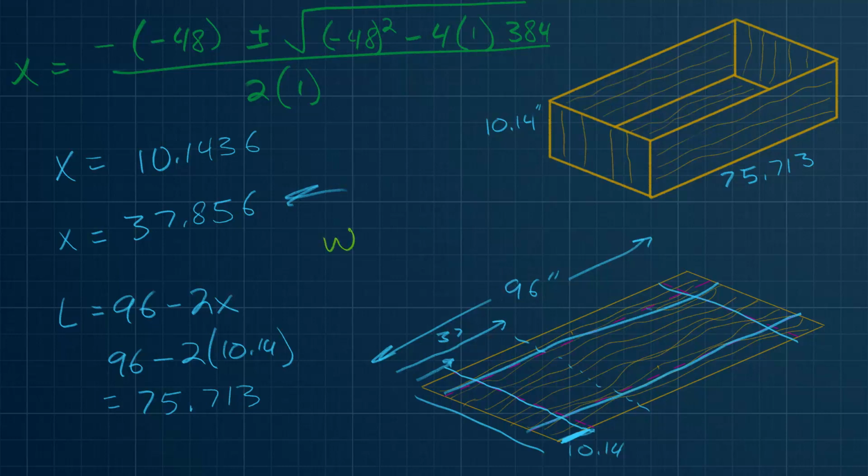And our width was equal to 48 minus 2 times x, which equals 27.7. These will be the overall dimensions of the box that has the maximum volume from a single sheet of plywood.